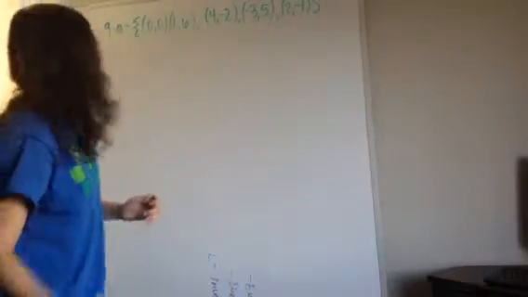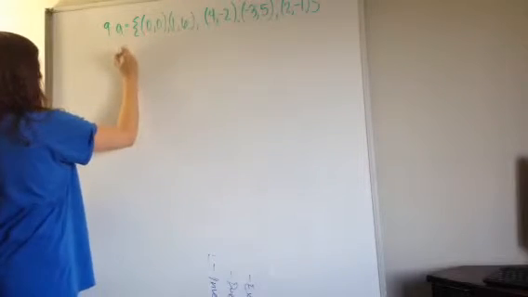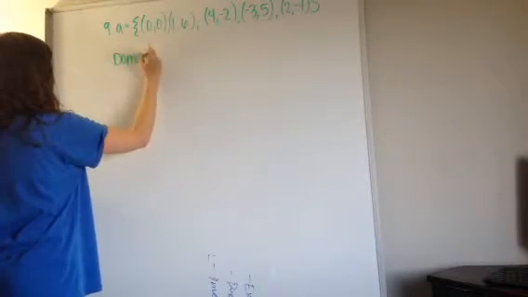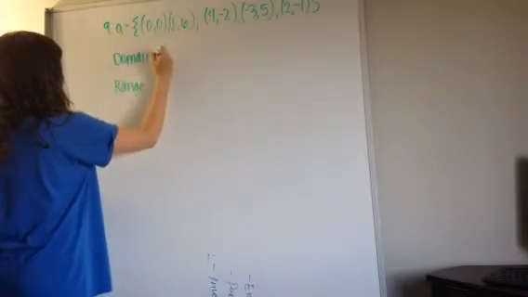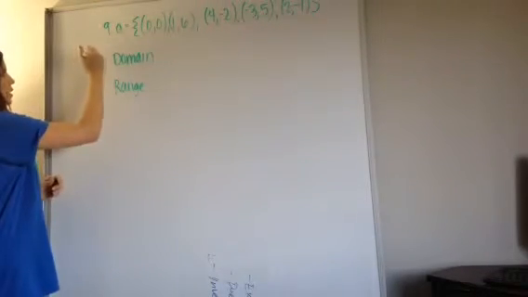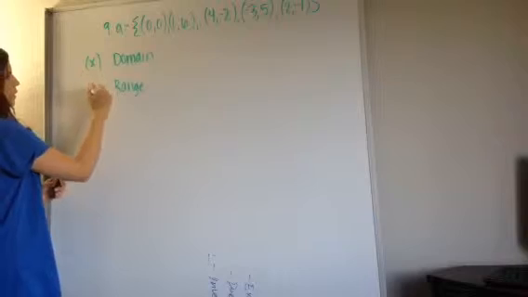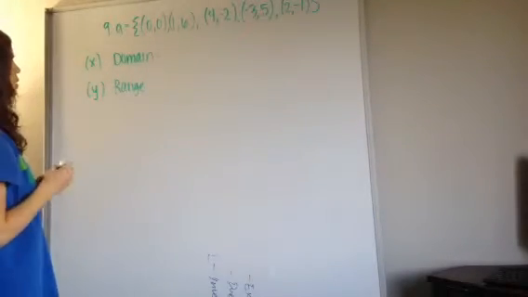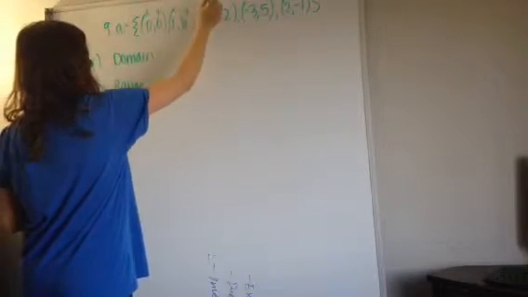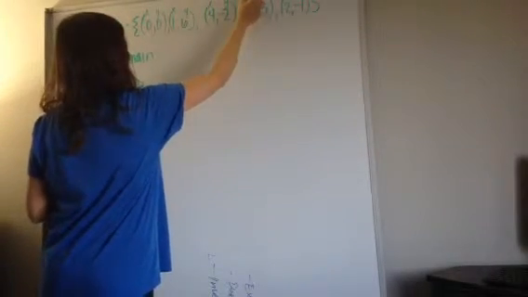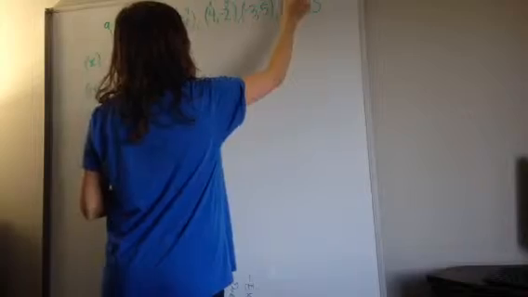They're asking you to write the domain and the range. And the domain is always the x values, and the range is always the y values. So here I could write x, y, x, y, x, y, x, y, x, y.